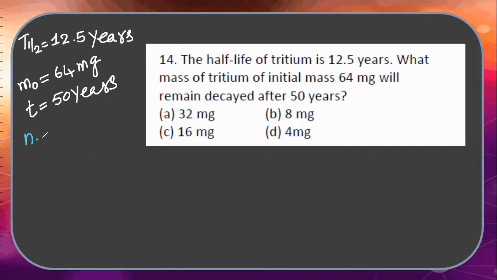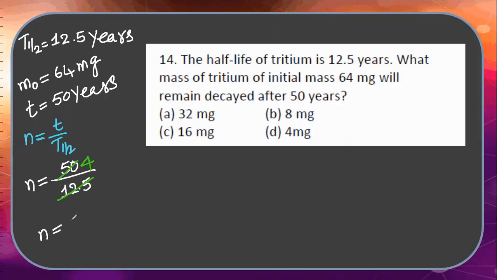N is equal to T by T half. T is 50 years, so 50 divided by 12.5, which cancels 4 times.